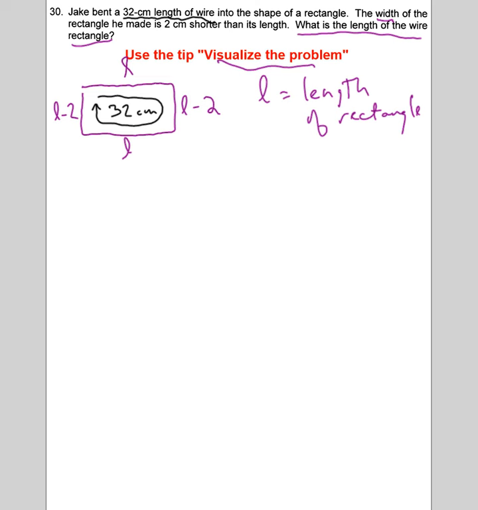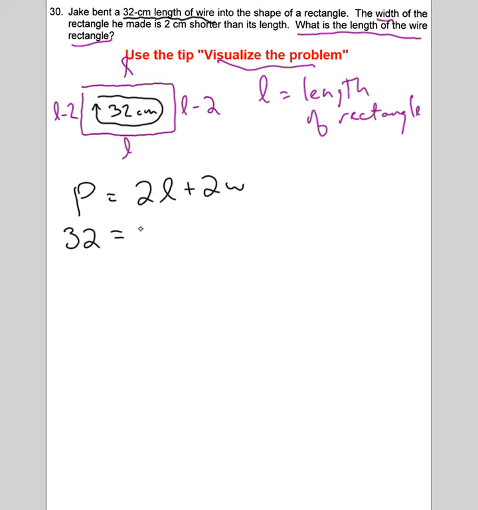If we bend a length of wire into the shape of a rectangle, we're really dealing with the perimeter of the rectangle. So I know that the perimeter of a rectangle is equal to 2 times its length plus 2 times its width. Or you could think of it as just adding all the sides together too. That would also work. So in this case, my perimeter is 32.